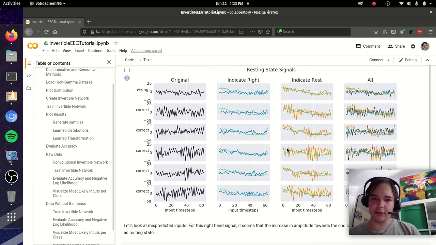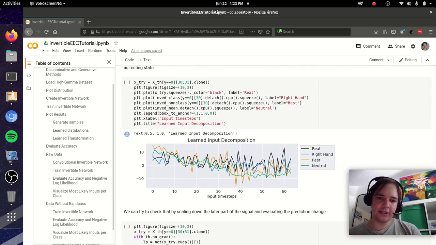So here we have this signal again that was mispredicted: the original signal, the right hand component, the resting state component and the neutral one. And now the hypothesis was that it seems that more in the later part of the signal, the amplitude is very high for this resting state component, so maybe this later part of the signal is the problem.